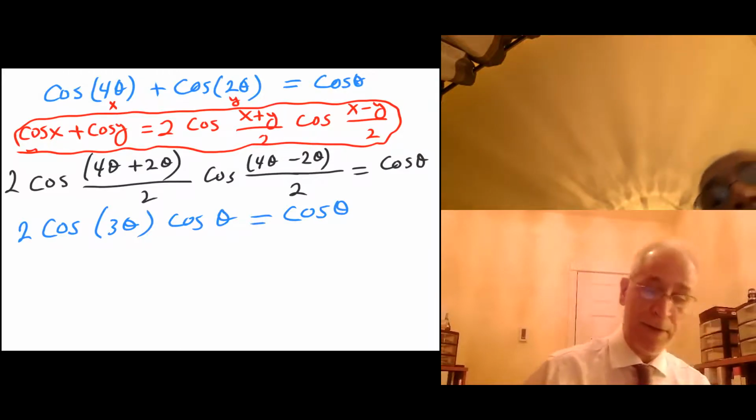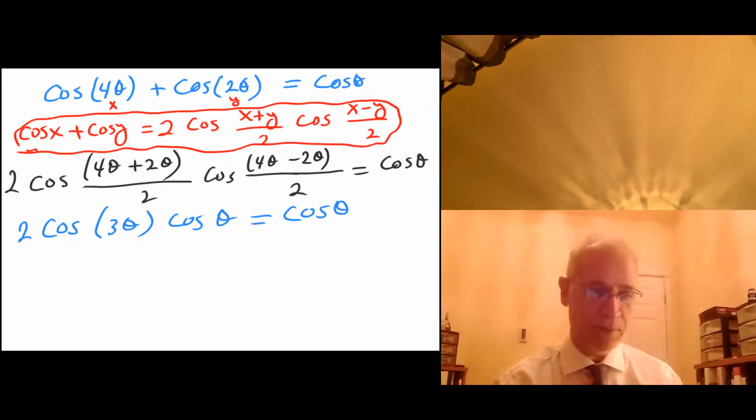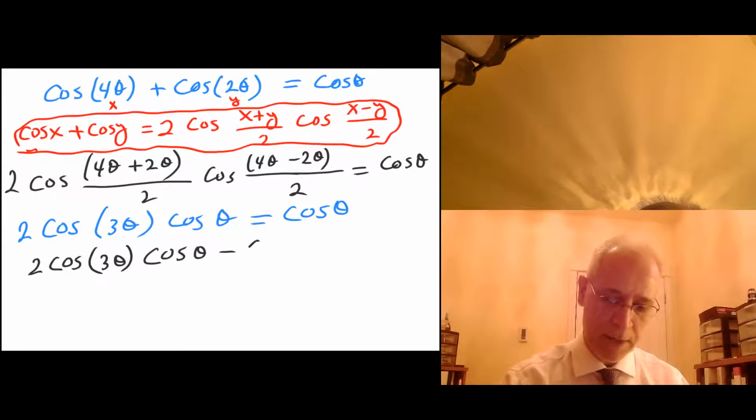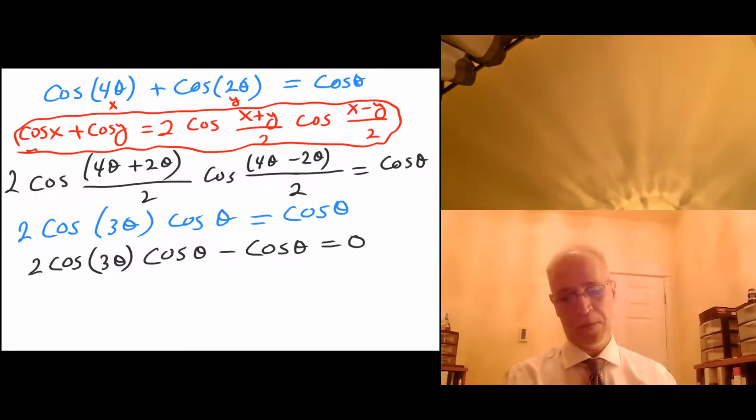If I subtract cosine of theta from both sides, I will have 2 cosine of 3 theta cosine of theta minus cosine of theta equals 0.